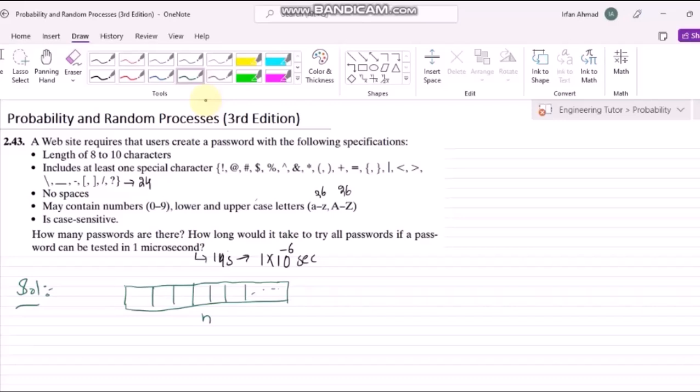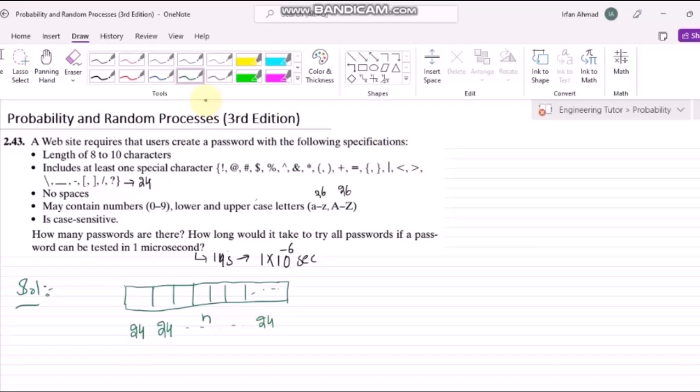Okay, in these 9 slots, in the first slot I should have one of these 24 characters. In the second slot I should also have one of these 24 characters, and up to the nth slot here I should have one of the 24 characters as well.